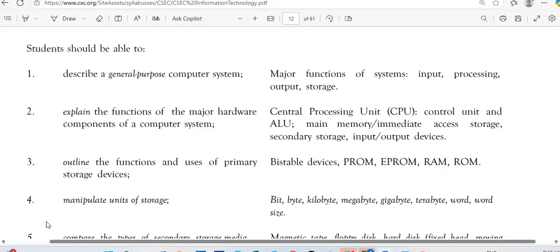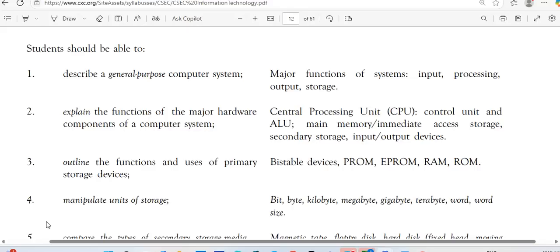Those are called the hardware components of a computer system. They work together to process, store, and communicate information. The CPU, or central processing unit, is the brain of a computer system, and it works closely with other components to perform various tasks.